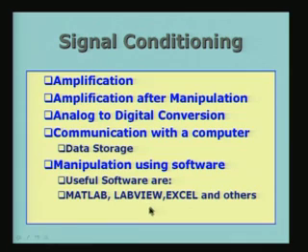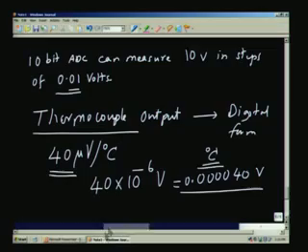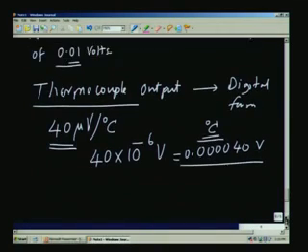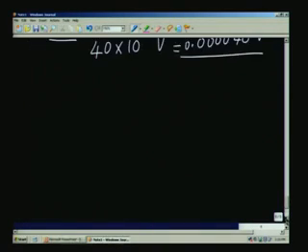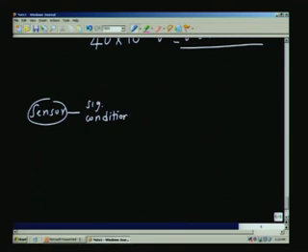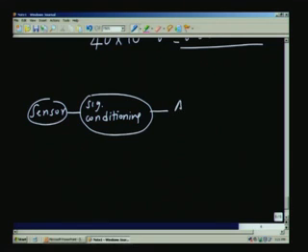So, to go back to the board, let us just recapitulate what we are talking about. We have the sensor, then signal conditioning, and then you have the ADC, we have the computer.